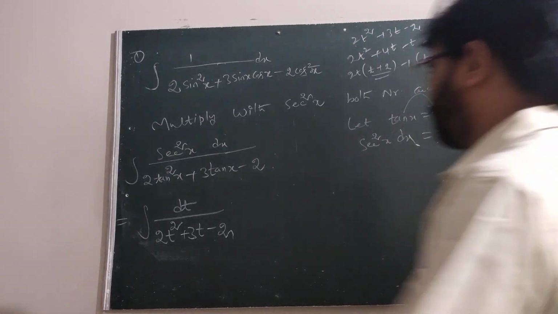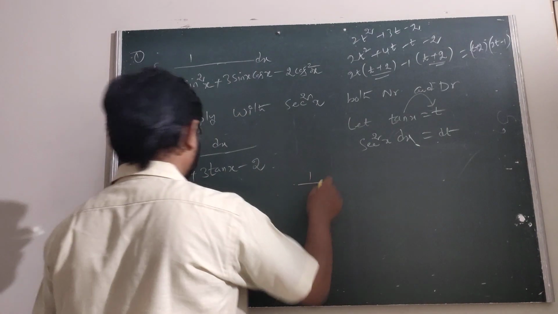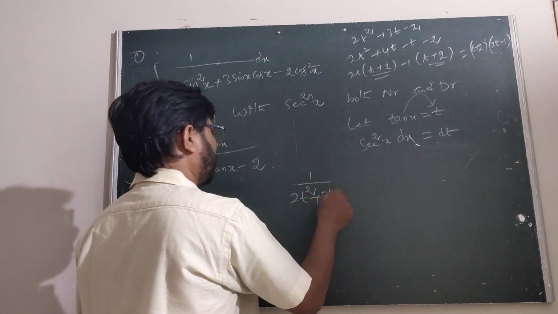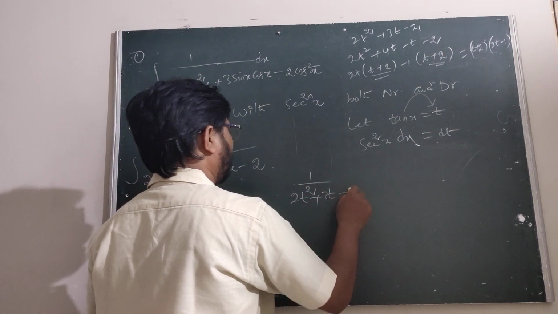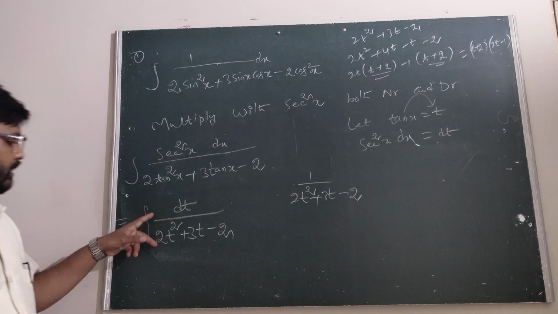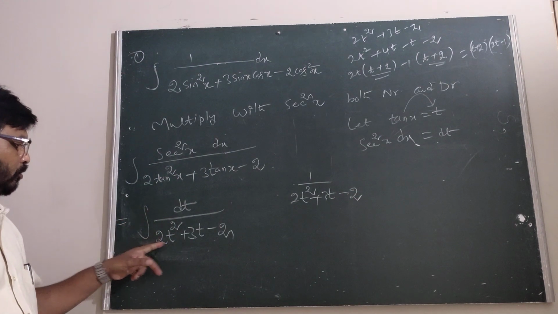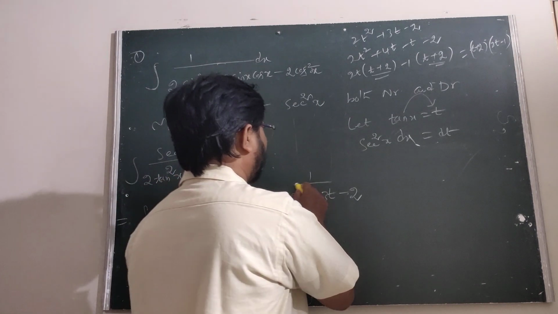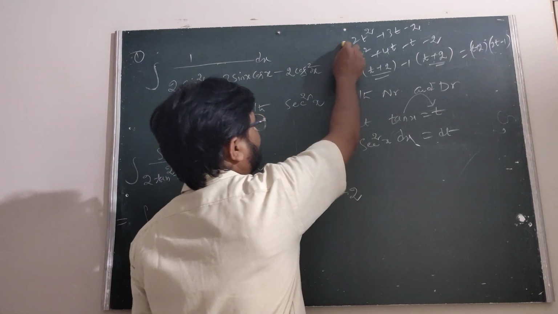Now this expression, 1 upon 2t square plus 3t minus 2, can be expanded into two factors. What are the factors?